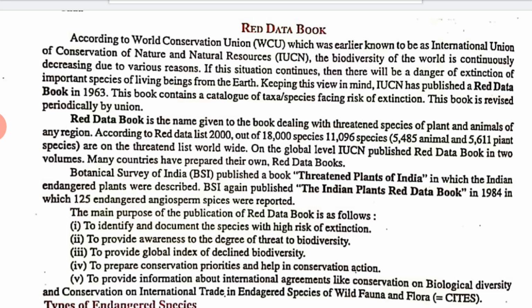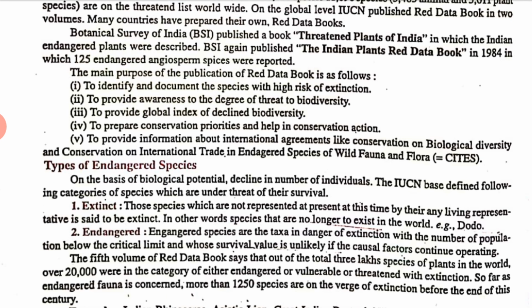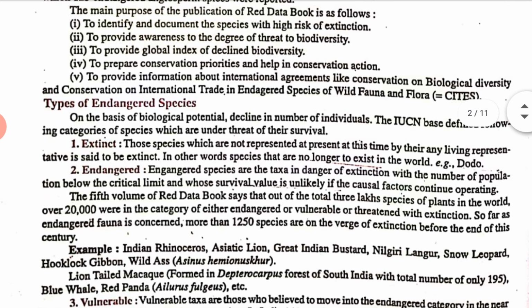Clear? Now, what are the types of endangered species? On the basis of biological potential and decline in the number of individuals, IUCN defines the following categories of species which are under threat to their survival. First is extinct and second is endangered. There is a lot of difference between extinct and endangered.